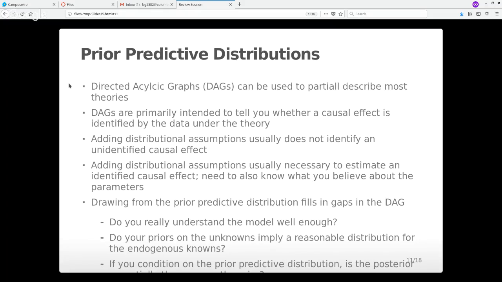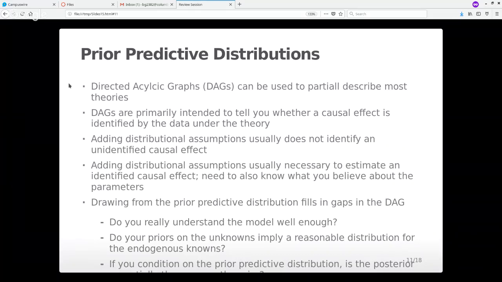Because usually making additional assumptions doesn't change the fact that something is or is not identified under the graph. There are a few situations where, if you assume things are multivariate normal, you can achieve identification, but without that, it wouldn't be identified.